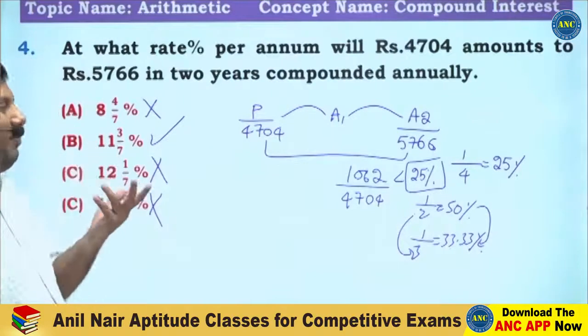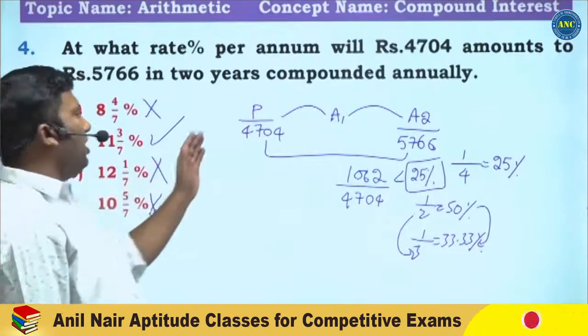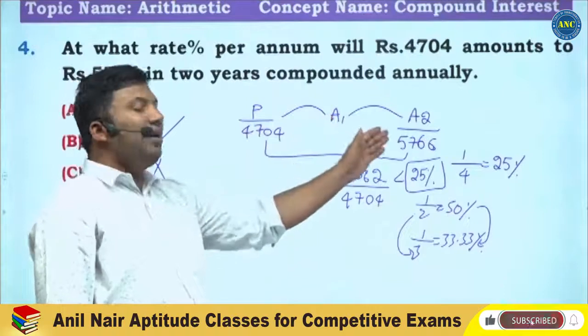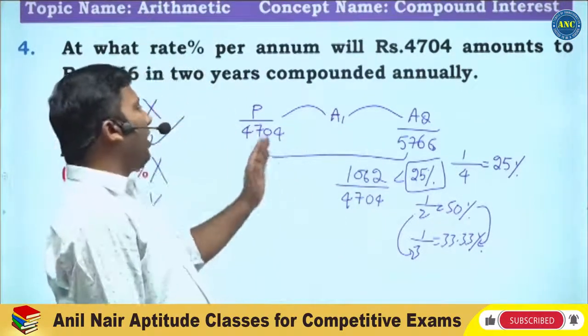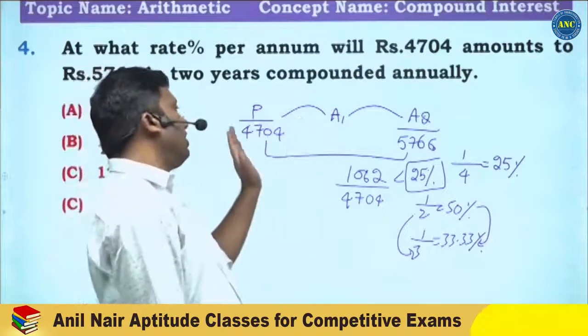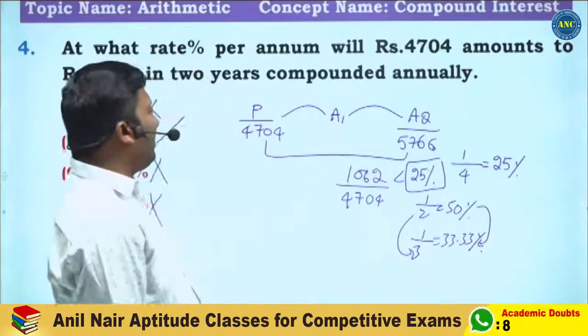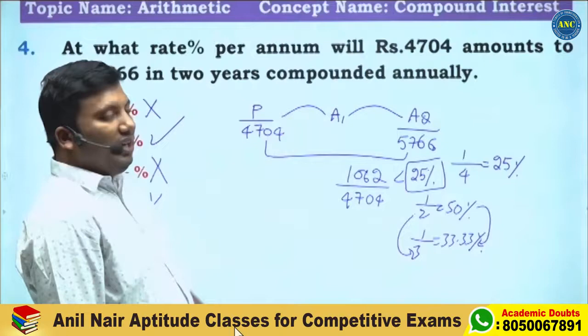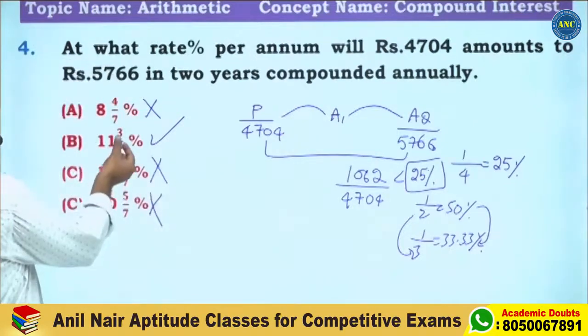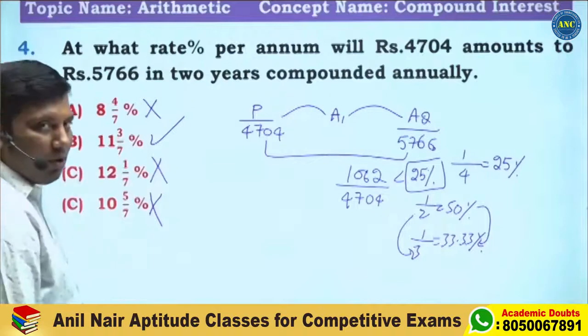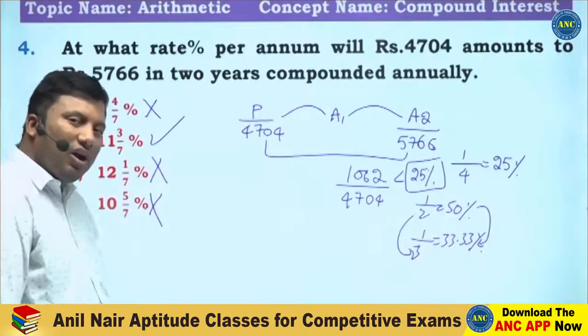You don't need any mathematics to solve the question. 4,700 is becoming 5,700. Overall change is 1,000 for 2 years, so overall it is 25 percent. So every year it has to be close to about 12 percent. Are you all with me?